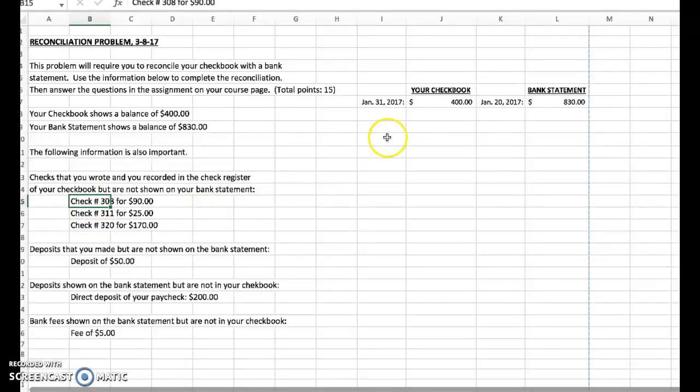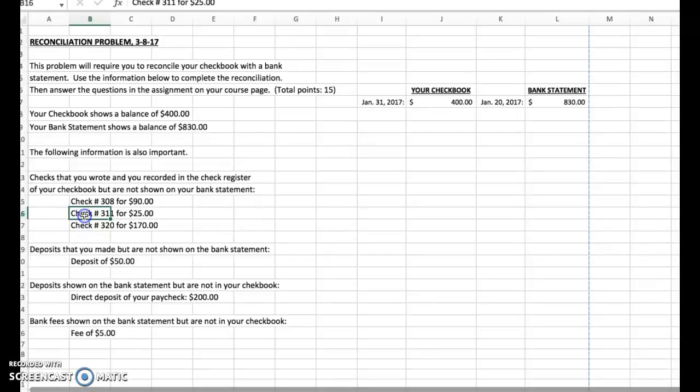You wrote it, it's in your checkbook, so you've already deducted $90, and the ending balance is $400. But you've already put it into your checkbook, but the bank doesn't know about it because maybe it wasn't cashed yet. Maybe the company, the person who you wrote it to, didn't cash it yet, so the bank has no idea that you wrote check number 308 for $90.